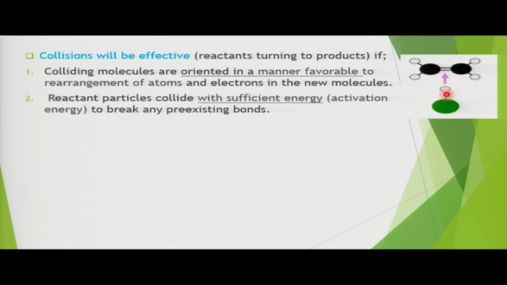Like we said, the hydrogen must collide with the double bond because it is the one with the electron density. The second factor is that the colliding particles should have enough energy to break the pre-existing bonds, and that is what we call activation energy.